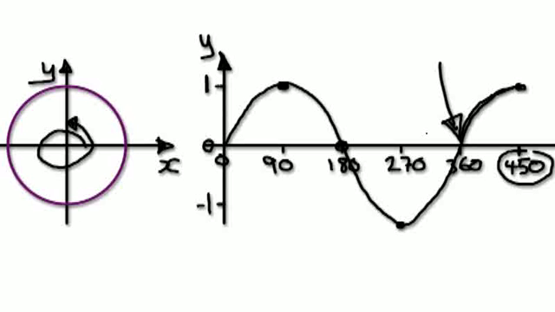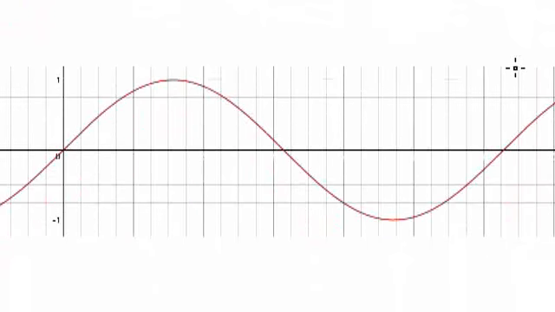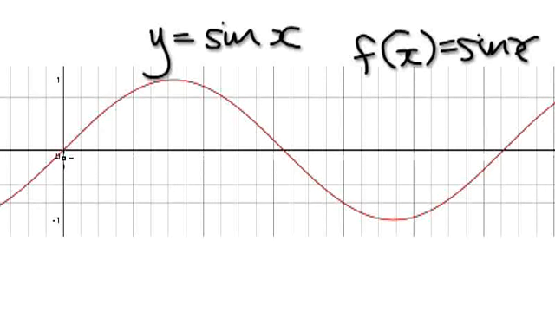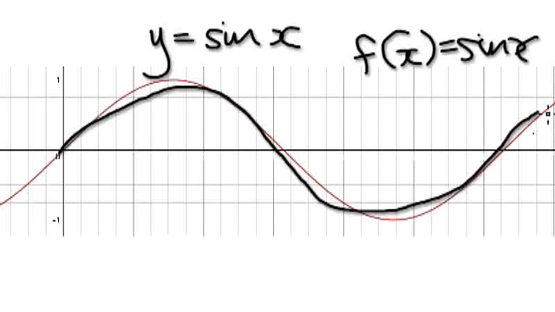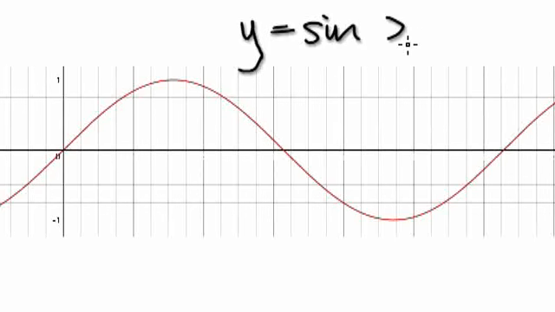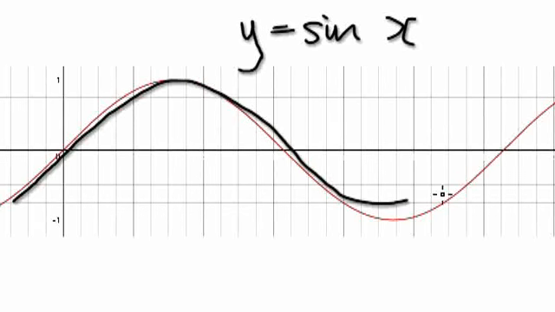If you get yourself a graph plotter on the internet and plot the graph of y equals sine x, or f of x equals sine x, it will look something like this.